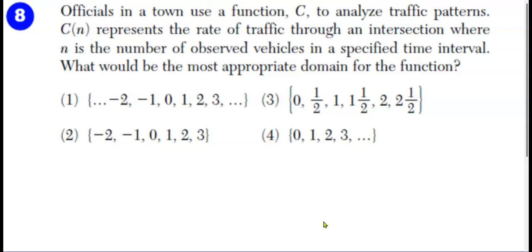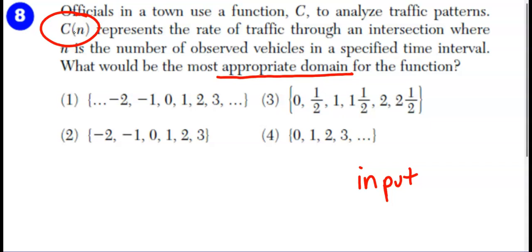Next question is number 8. Looks like I've misnumbered. But this question asks you to determine what would be an appropriate domain, right? A domain is an input for a function, and if the function is called c of n, where c and n are talking about the number of observed vehicles, right? So n is the number of observed vehicles. That's the input.